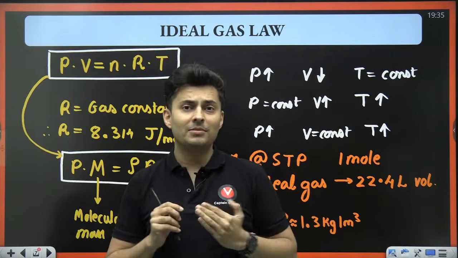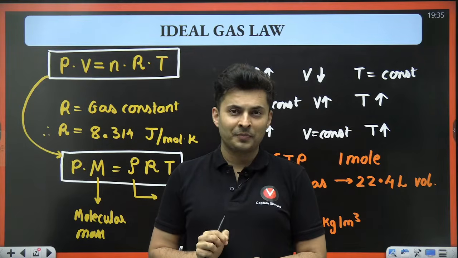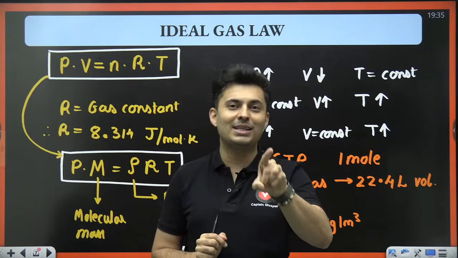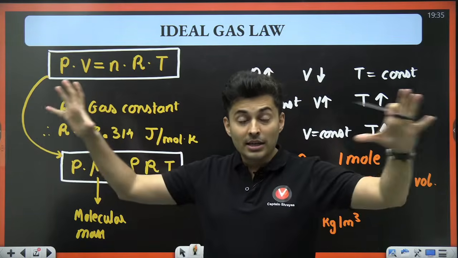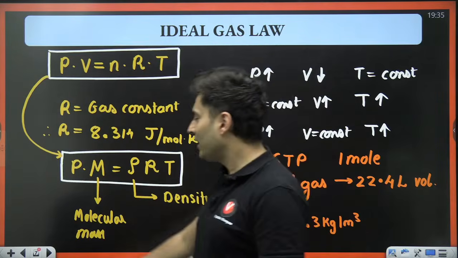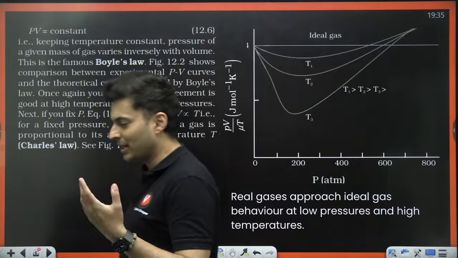But when the teacher comes, the student is sitting, listening and making notes. So in certain conditions, that non-ideal student becomes ideal. That means a real gas also becomes ideal in certain situations. What those situations are is put up in this particular graph. Let's have a look at this.